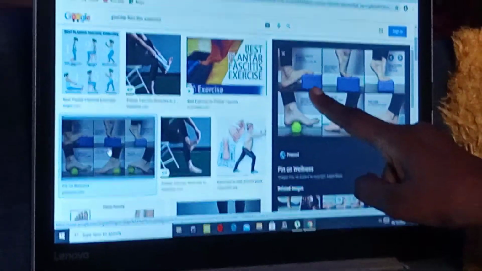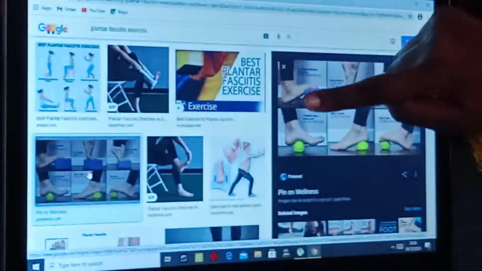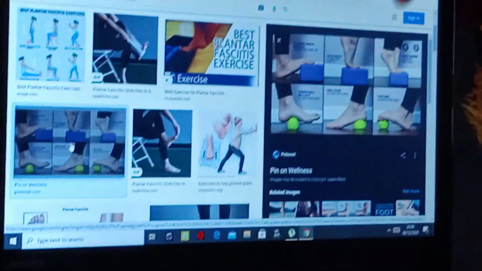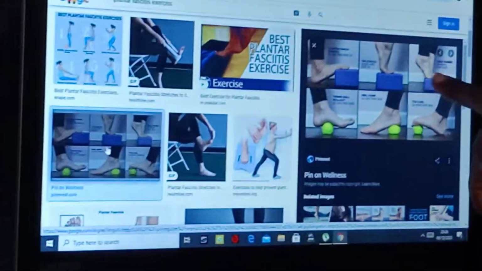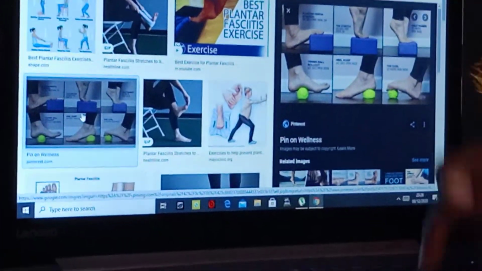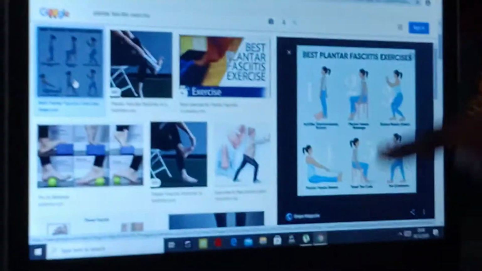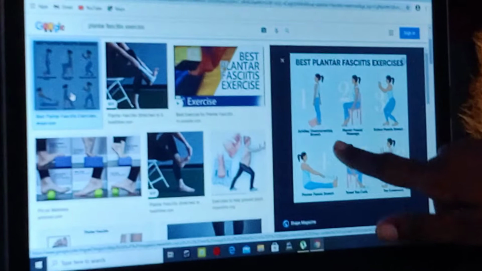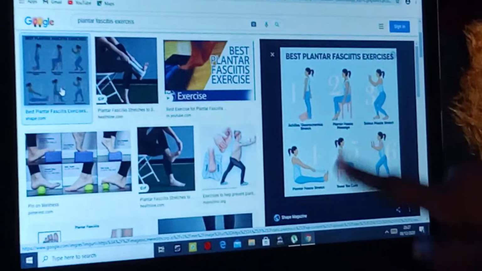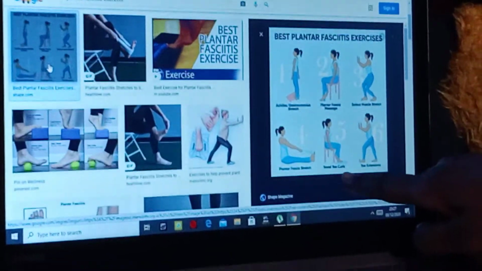Here we have a box. You can use it to stretch the tendons like this, you can see. Or up here, this is working on the toes. This is working also on the toes. So let's look at the best plantar fasciitis exercises as demonstrated. We can also use stairs when you have to do exercises. We can see the toe extension, towel toe curls, as we have discussed.